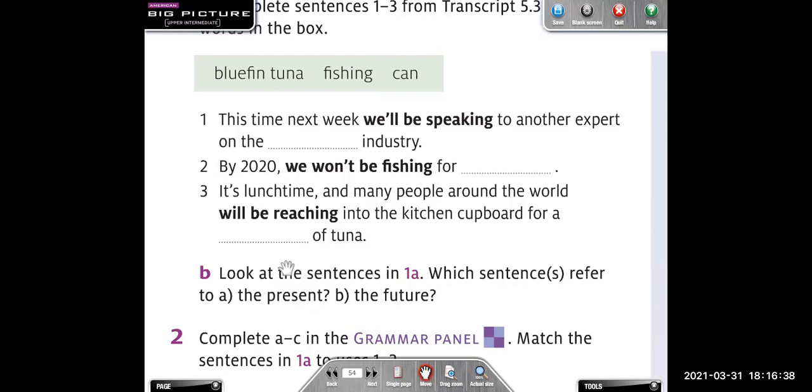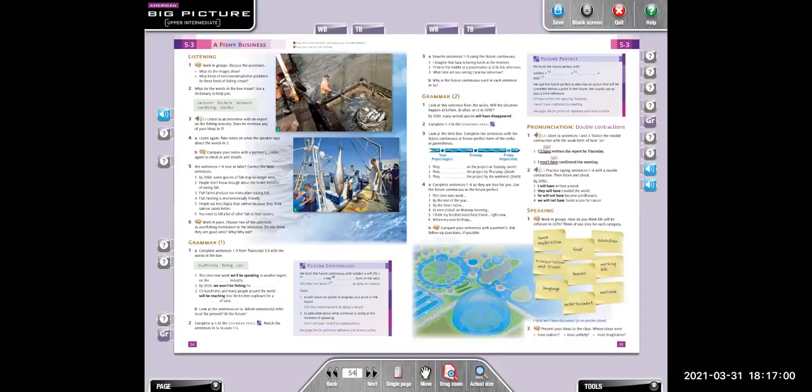We are speculating about what people are doing right now. Estamos especulando sobre qué es lo que está haciendo la persona o las personas en este momento. Esto significa deben estar haciendo esto. So let's go to the grammar panel to complete this.